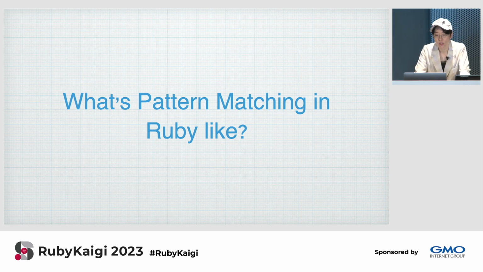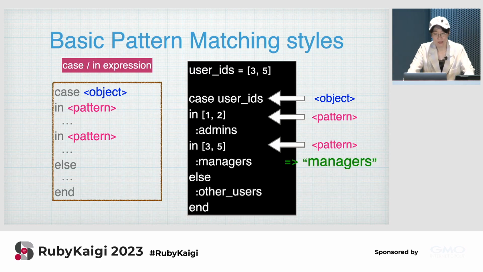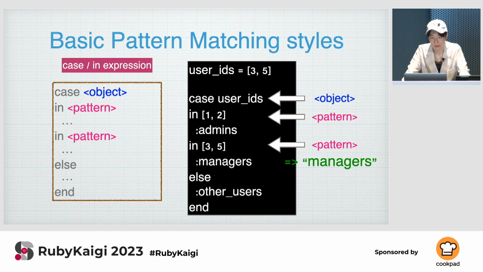Let's look at them shortly. This is a basic, popular pattern matching using the case in expression. It is very similar to case when syntax. This code checks whether each pattern matches the object. If there is no else section and no pattern matches, it raises an exception.